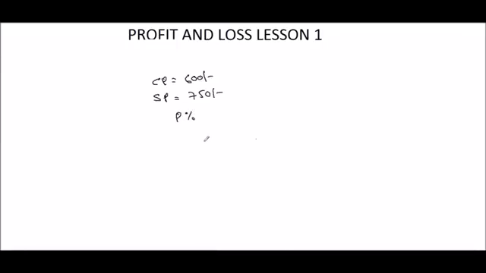Simply, profit percentage is nothing but net profit divided by cost price into 100. Net profit is nothing but selling price minus cost price, that is 750 minus 600.